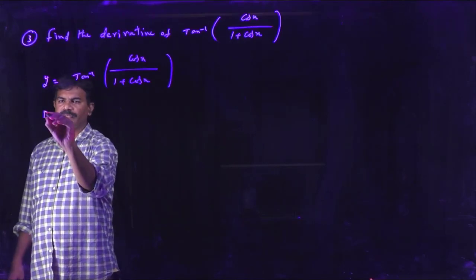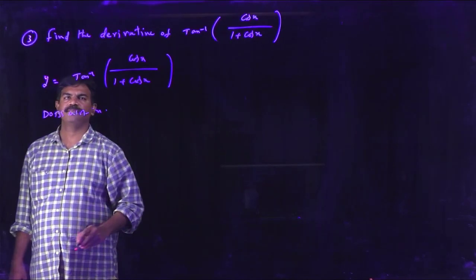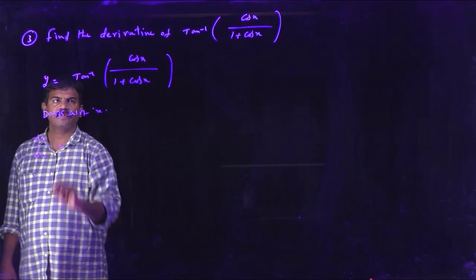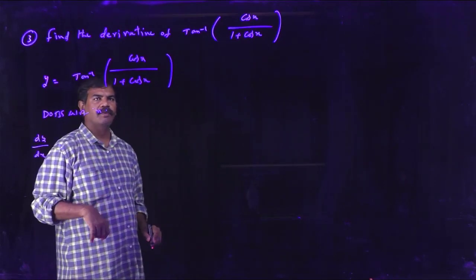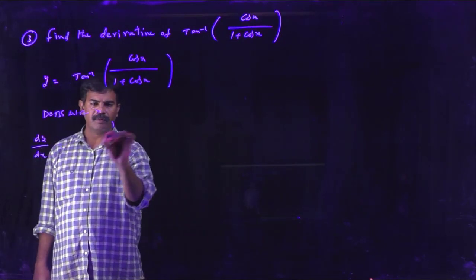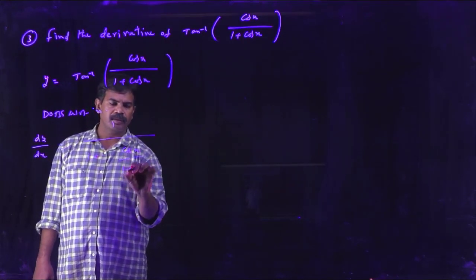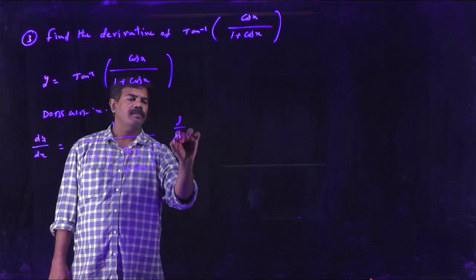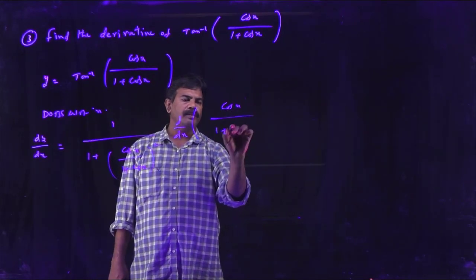Now differentiating on both sides with respect to x, that is dy by dx is equal to, it is in the form of tan inverse x. We know the formula for tan inverse x, that is 1 by 1 plus x square, is 1 by 1 plus cos x by 1 plus cos x whole square into derivative of cos x by 1 plus cos x.